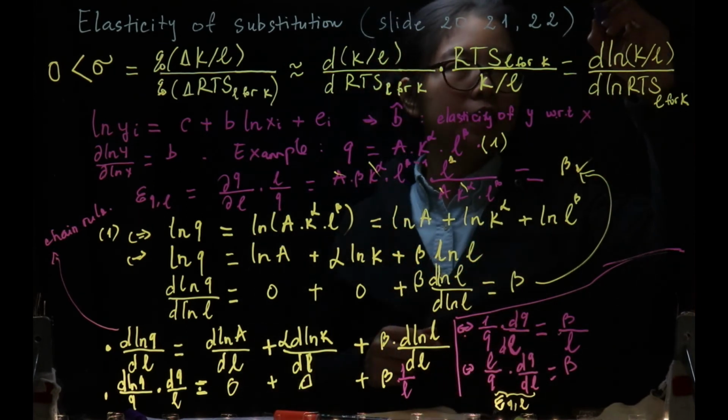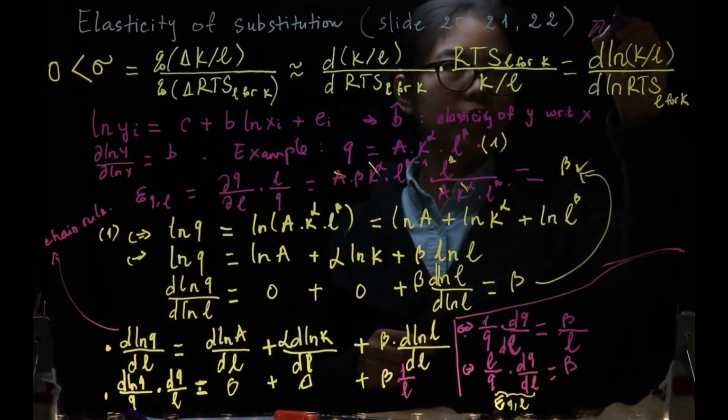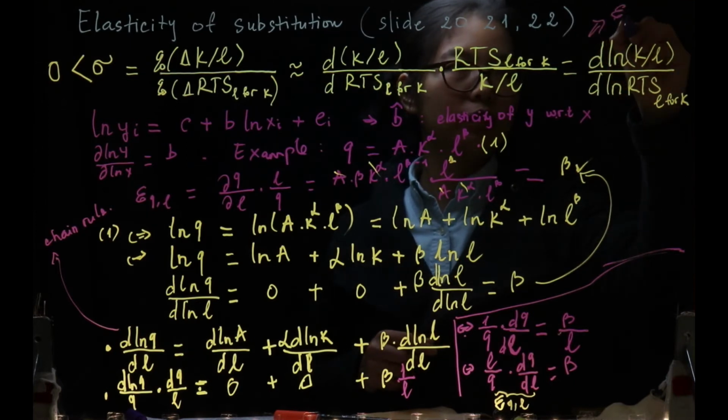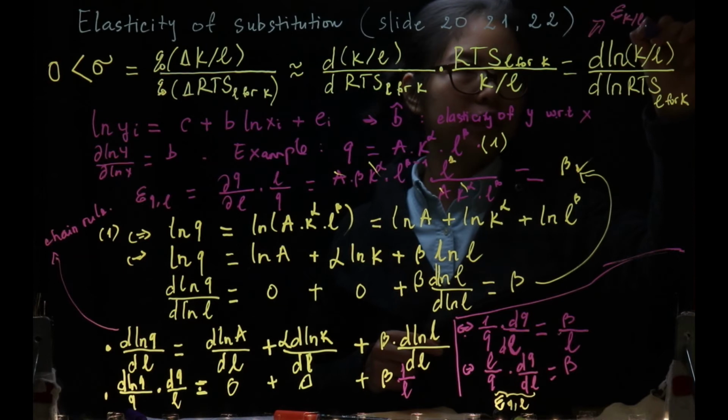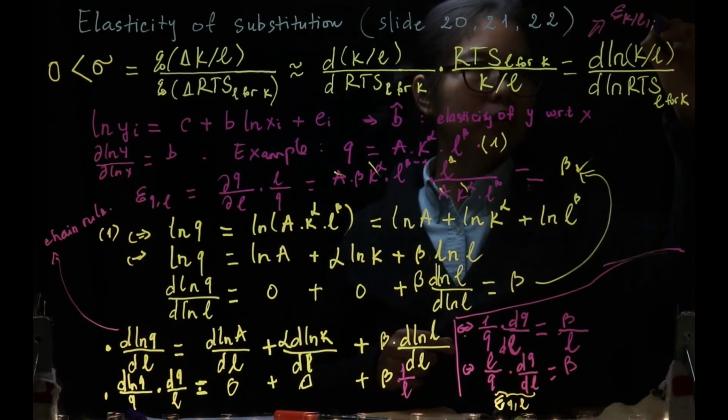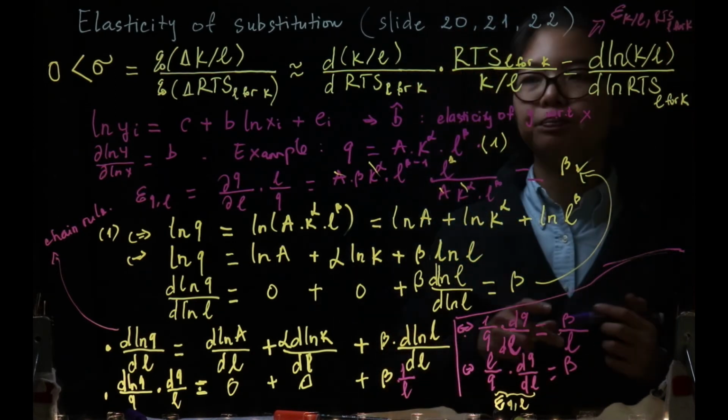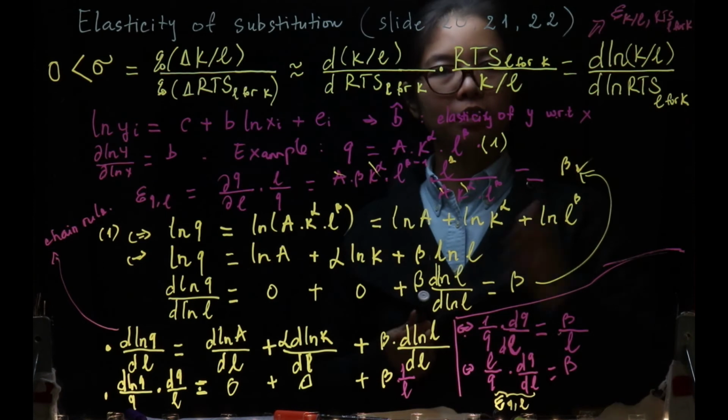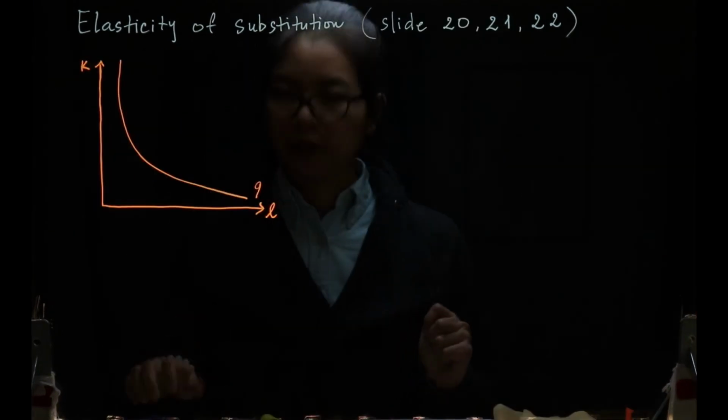And actually this is, if we use our conventional notation of elasticity, you can write it as the elasticity of K over L, the ratio, with respect to RTS, L for K, right? So that's the first part.